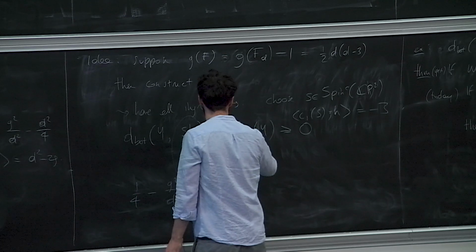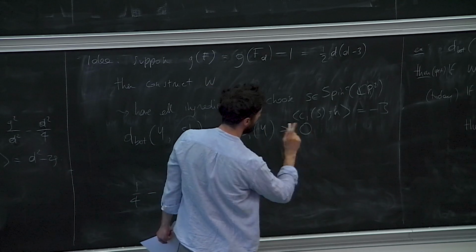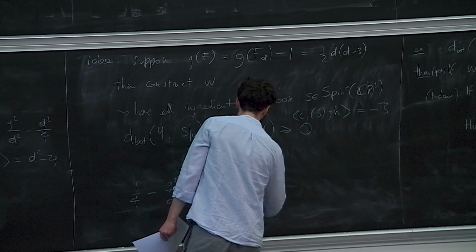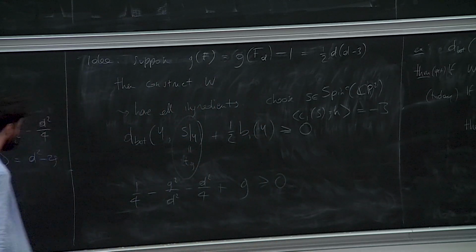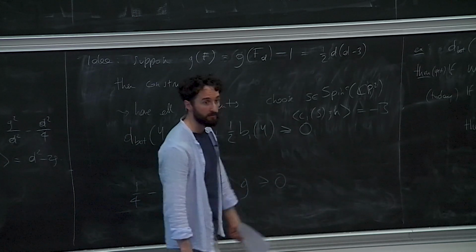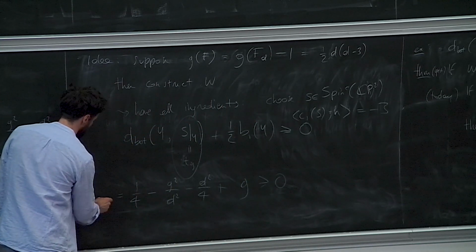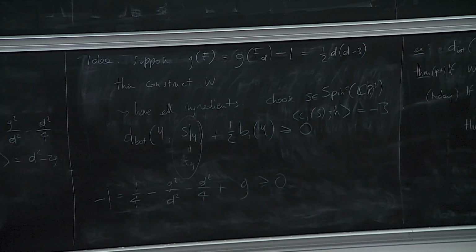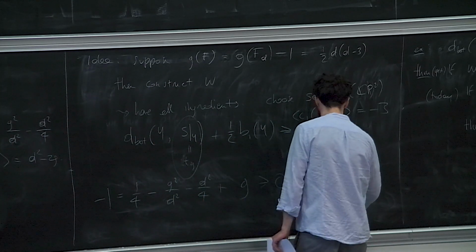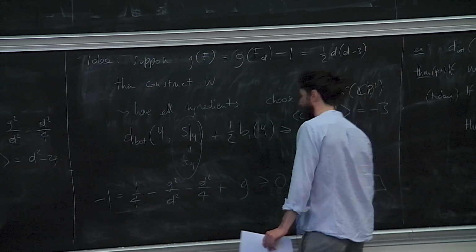Sorry, this is half. I cannot even copy my own inequalities. Plus g. This has to be at least 0. But if you use this formula, this actually turns out to be -1. This is just a computation. And so this gives a contradiction. And this proves it here.